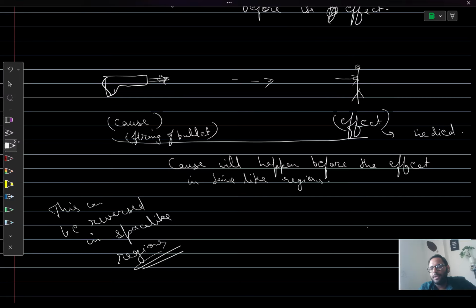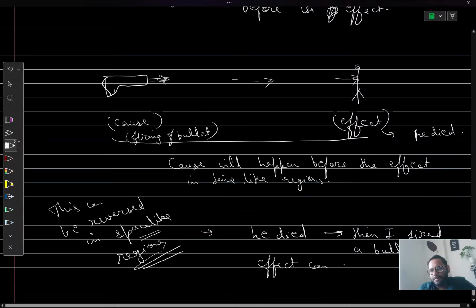He died because I fired a bullet at him. But in space-like regions, it may happen that he died and then I fired the bullet. So the effect can happen before the cause in the space-like regions.